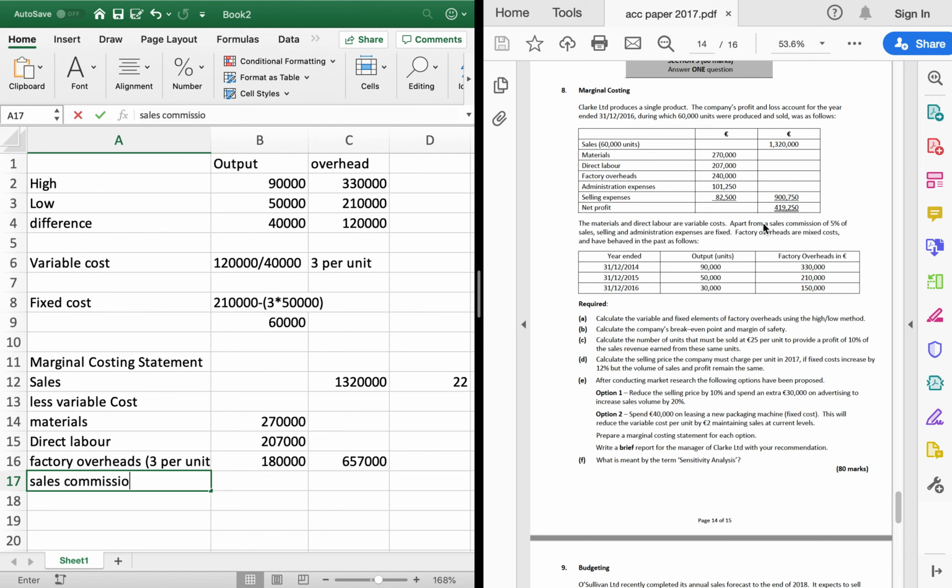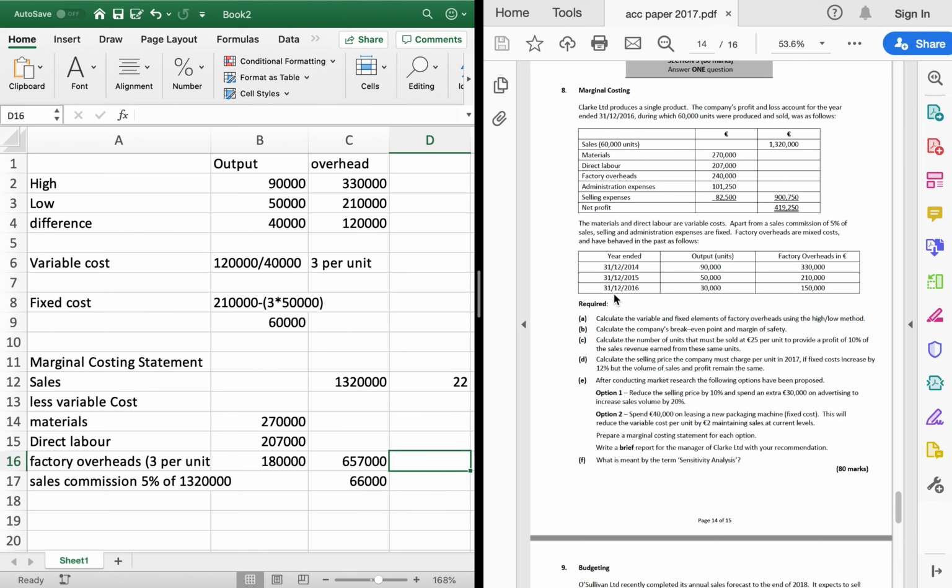It's still a variable cost, and it's 5% of sales. Which is 66,000. All right, so apart from that, the rest is fixed.